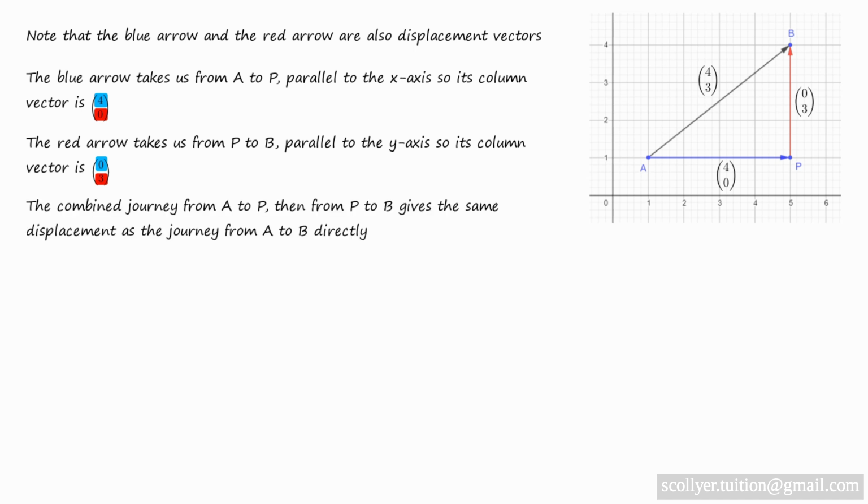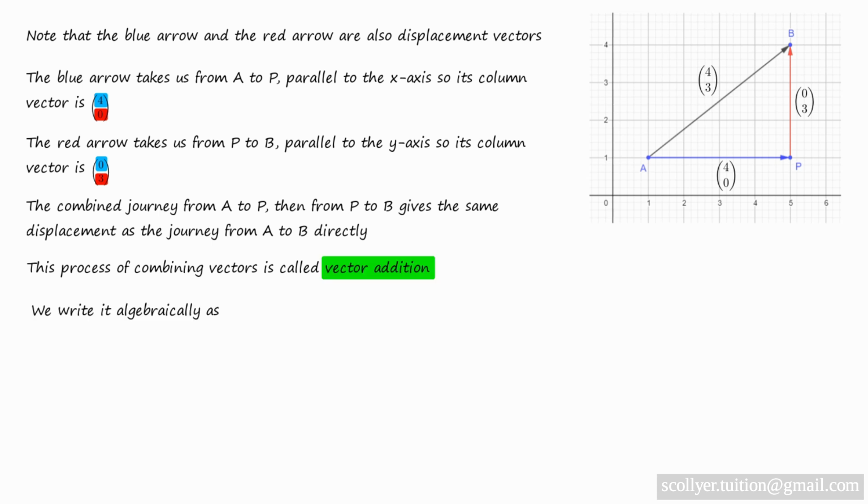We see that travelling along the AP vector and then along the PB vector gives the same result as travelling along the AB vector, i.e. we combine the AP and the PB vectors to create the AB vector. This process of combining vectors is called vector addition.